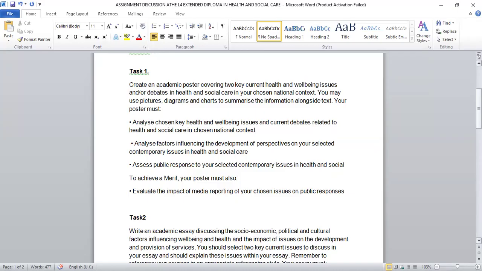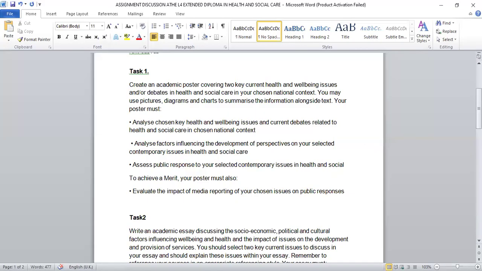Then we can look into analyzing the factors influencing the development of perspectives on your selected contemporary issues in health and social care. Assess the public response to your selected contemporary issues in health and social care.